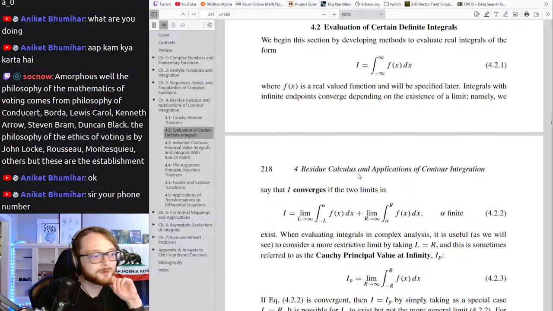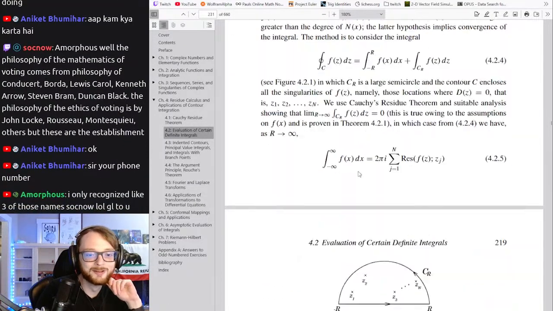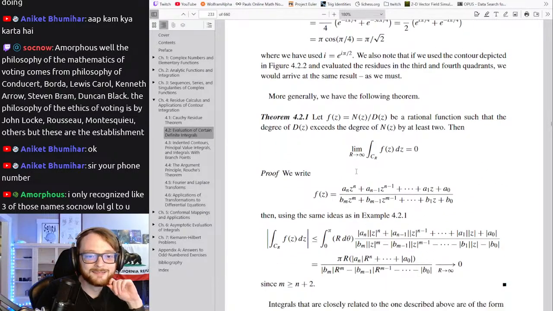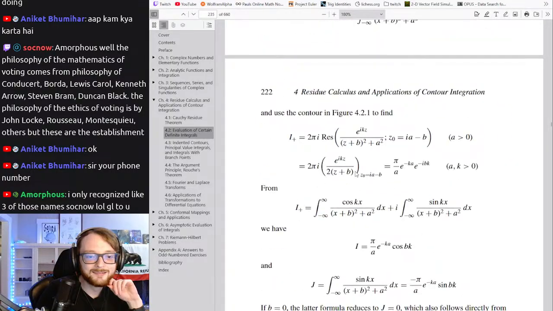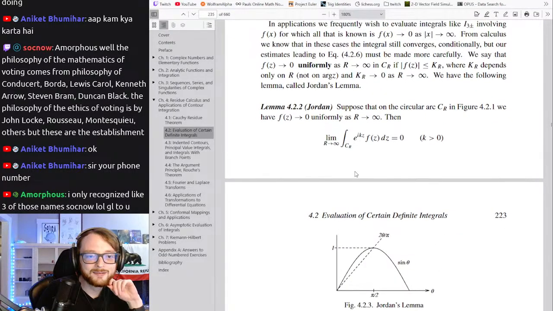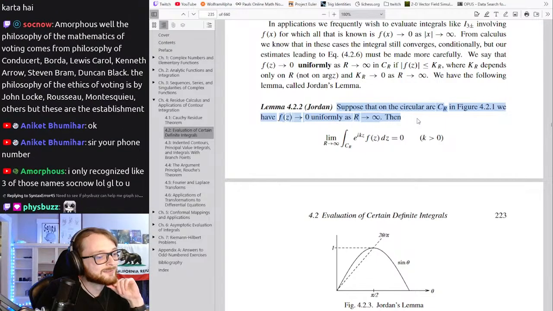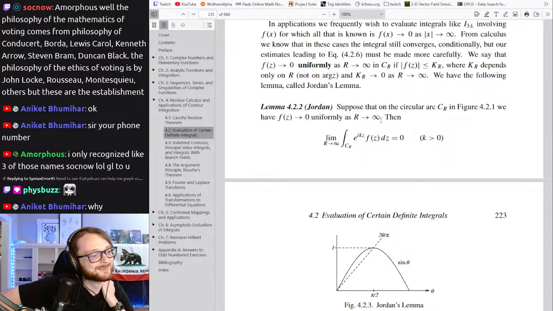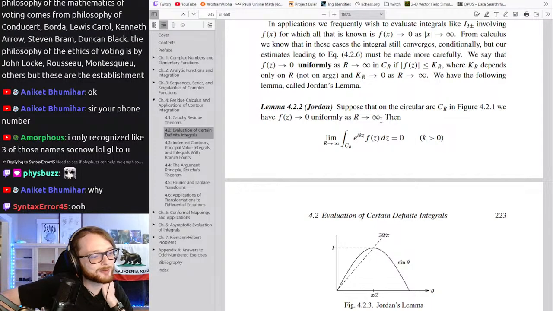My phone number? No. Universal only recognizes 3 of those names. Yeah. Do you give your phone number to strangers on the internet, Aniket? Oh, speak of the fizzbuzz.